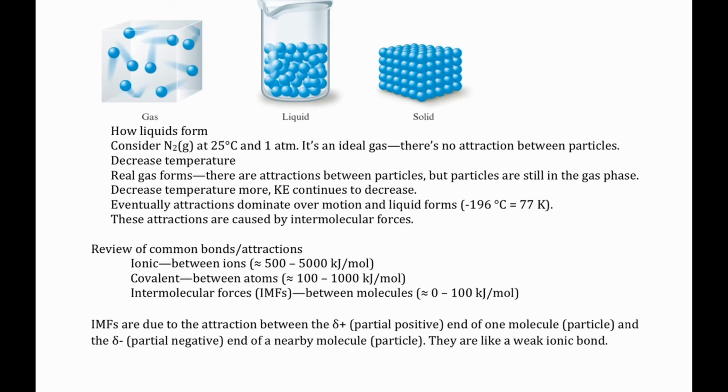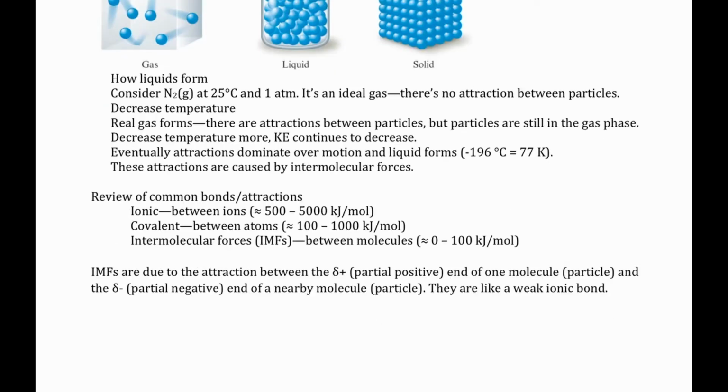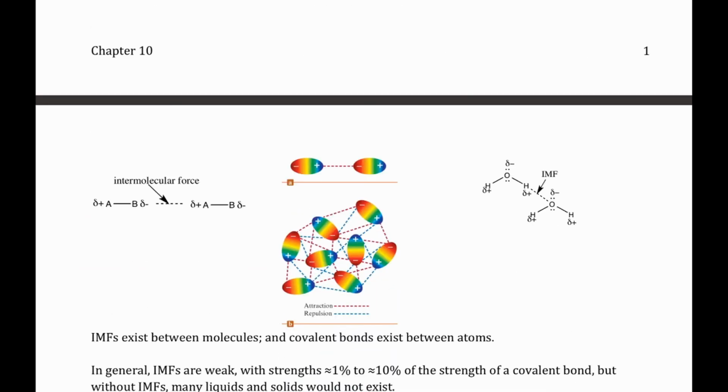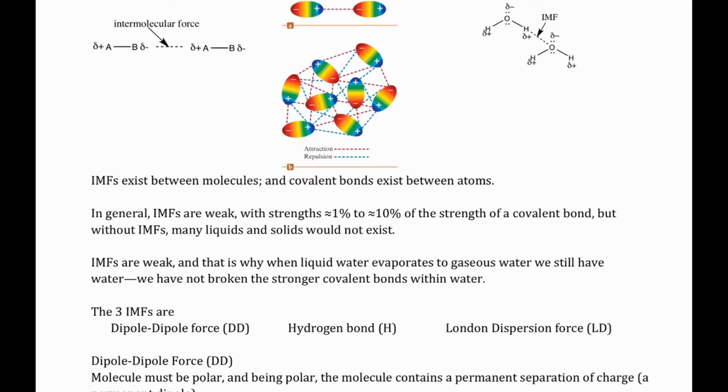IMFs are due to the attraction between the partial positive end of one molecule or particle and the partial negative end of a nearby particle. They're like a very weak ionic attraction. So here are diagrams of that. Let's say we have a diatomic molecule, AB.